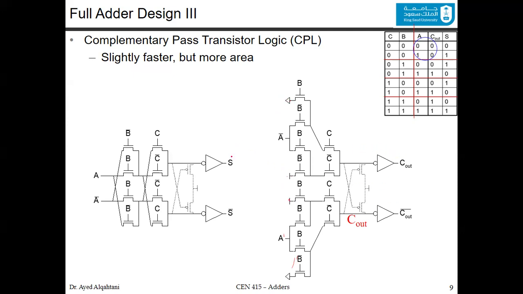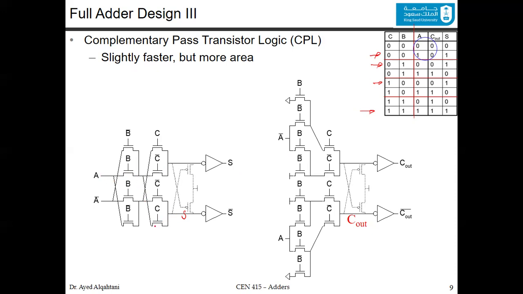We will do the sum, basically doing the same thing. So we have the sum bar, then this is the sum. And in the sum, we have the ones in these minterms. Last one here. So you have, for example, 1, 1, 1, which is A, B, and C. This is for the sum.